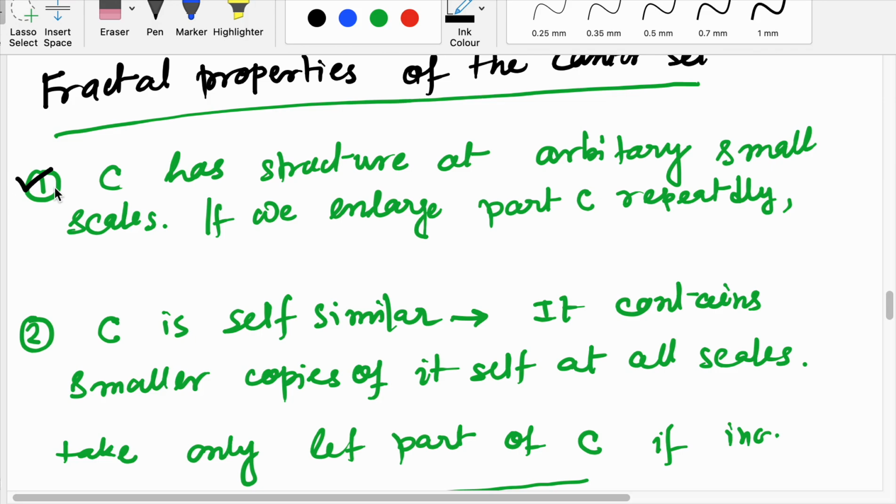And the second thing, which is true for the simplest fractals, is called the self-similar structure.